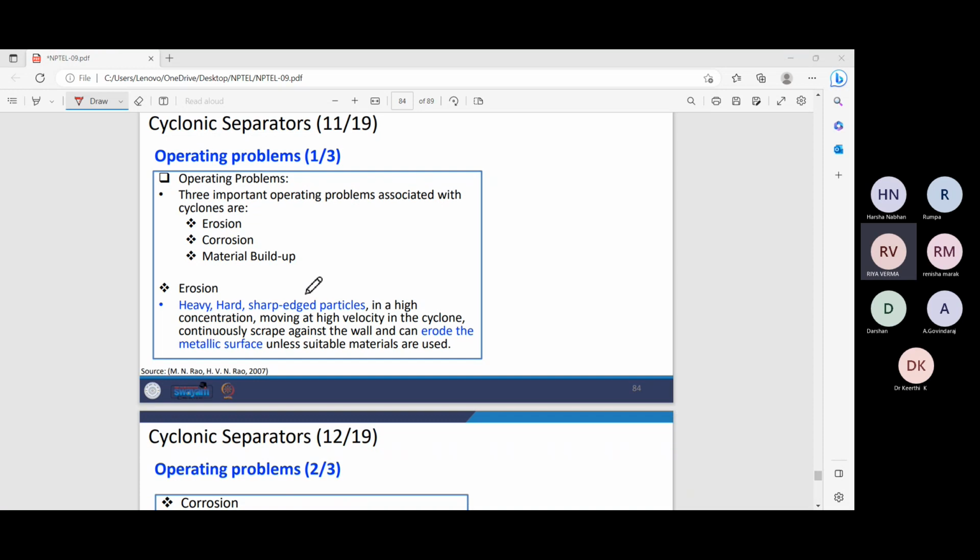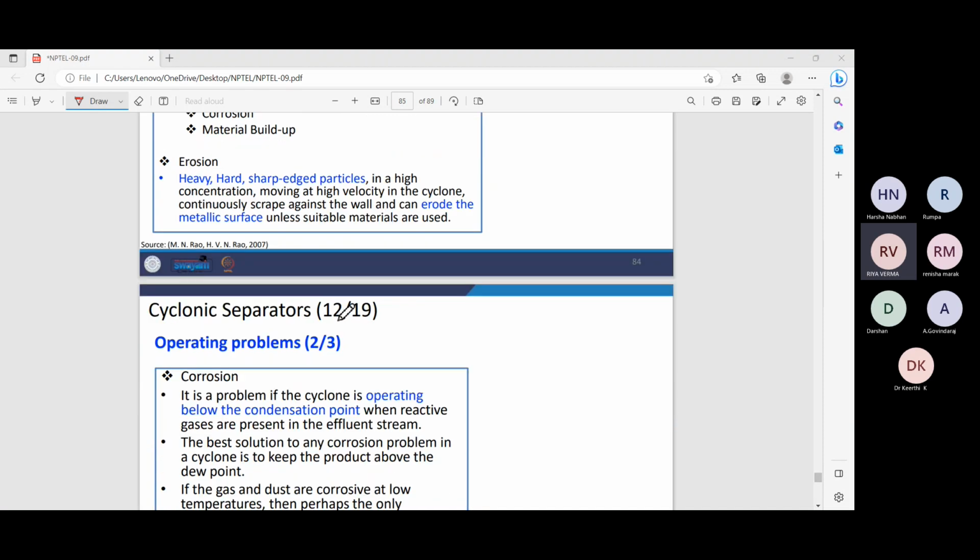If the particles are very heavy, hard, or sharp-edged, and if they are present in very high concentration, when they strike the wall of the cyclone, they scrape against it, and thus they can erode the metallic surfaces unless suitable materials are used. If the material is not of good quality, then these particles may tend to erode the material of that cyclone.